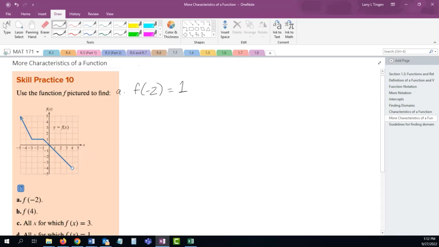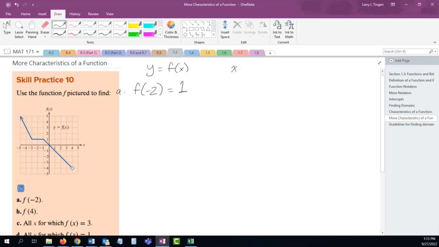Inside this function, the original notation is f of x, or as it says down there on the graph, y equals f of x, right? So when you plug in -2 for x, there's our notation, y equals f of x, that's just function notation. When I plug in -2, I'm plugging that in for x, right?